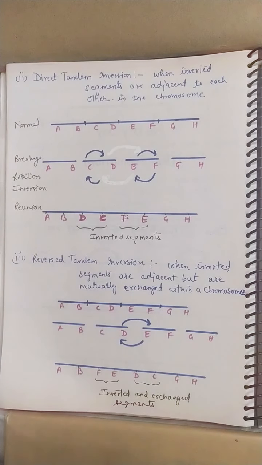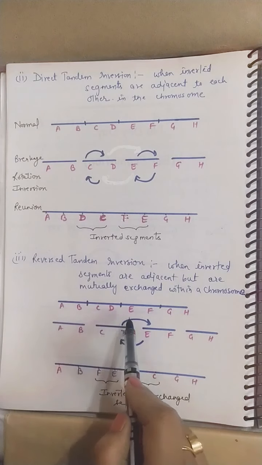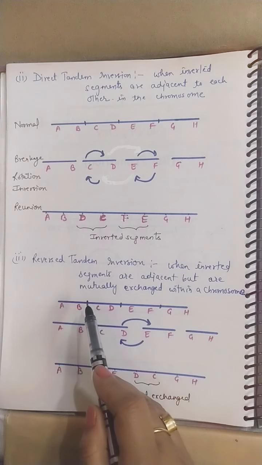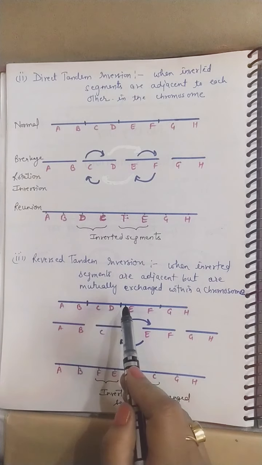The third kind is a reversed tandem inversion. In such type of inversion, the segments which have been cut are adjacent to each other, but not only adjacent, they even get mutually exchanged with each other. Suppose this is the gene sequence ABCDEFGH lying on this chromosome, and this chromosome breaks at 2 points, CD and then EF positions.